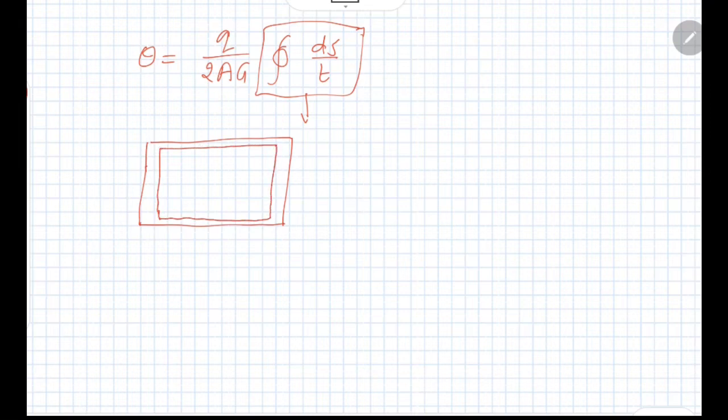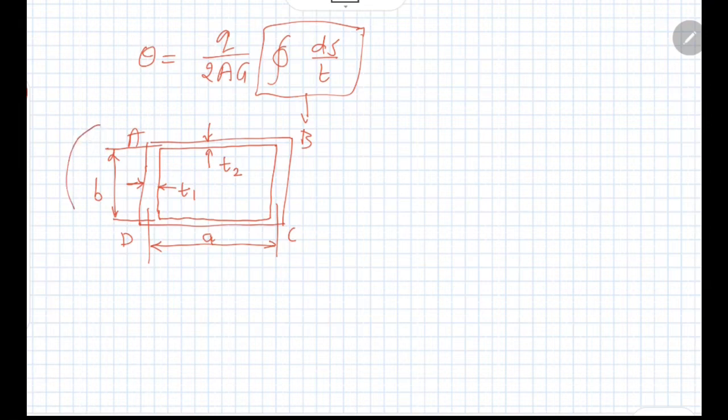So we have a box section A, B, C, D having its mean surface dimensions given as width a and height as small b, horizontal one having thickness T2 and vertical one having thickness T1.